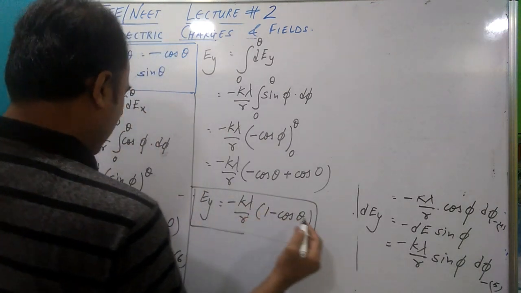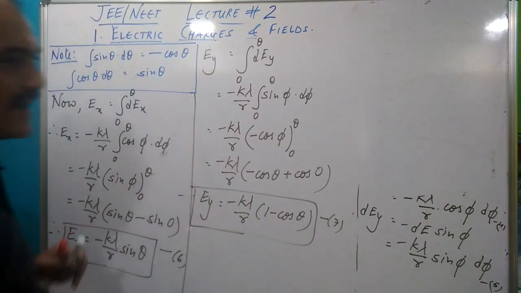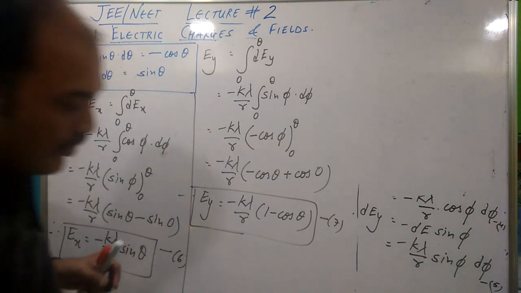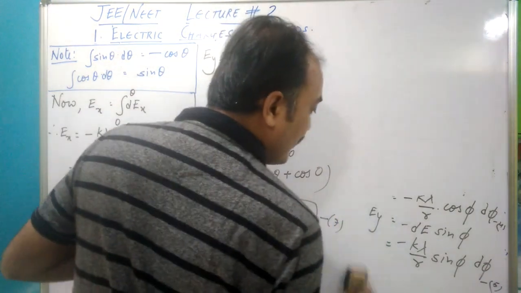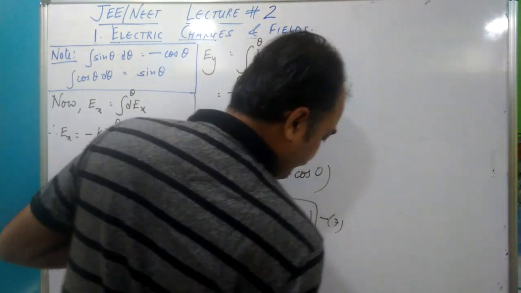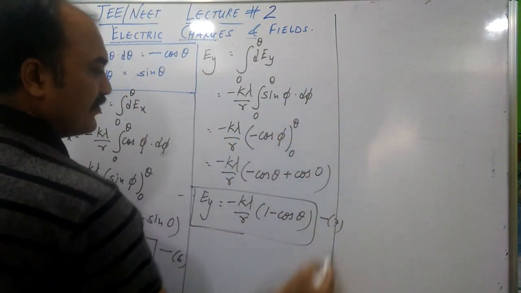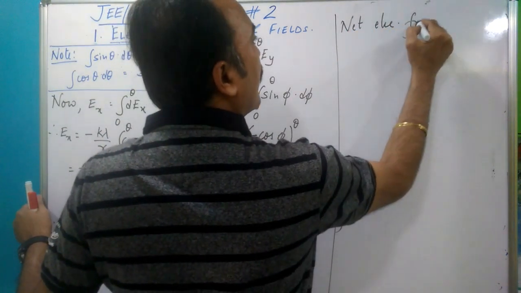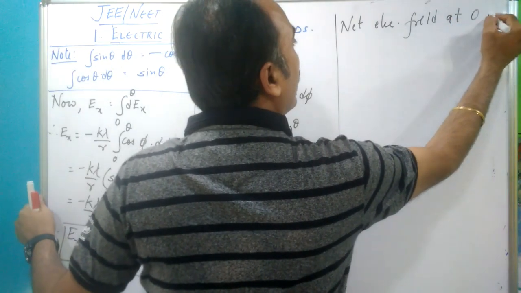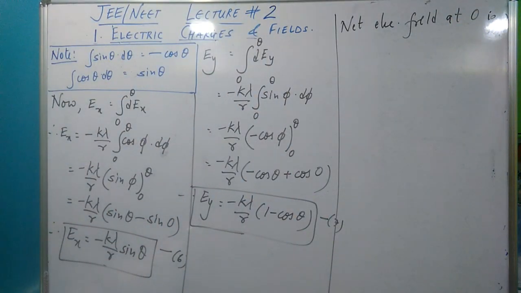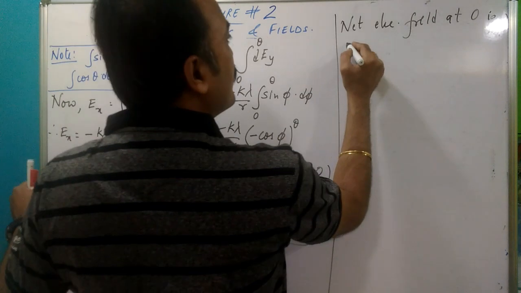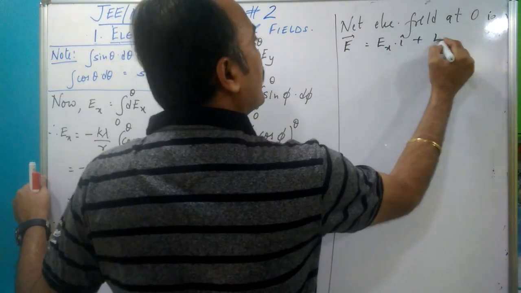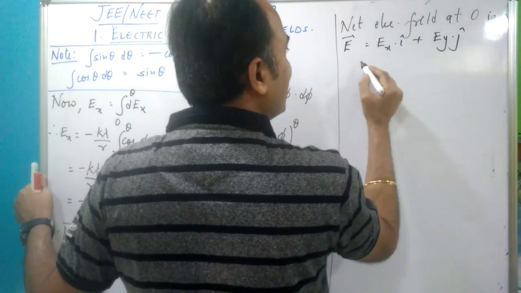Do not let your attention waver for even 1 second because it is not yet over. The net electric field has to be found out, and the net electric field is just Ex and Ey. So the net electric field at O, you agree we have found both components. So E bar will be Ex i cap plus Ey j cap.